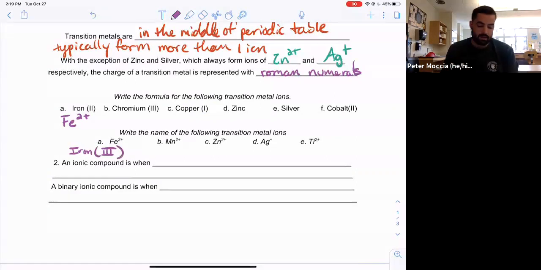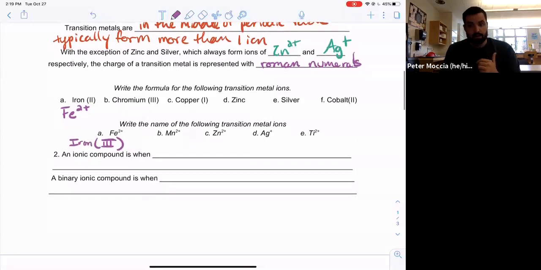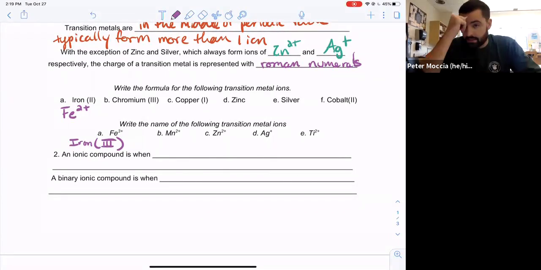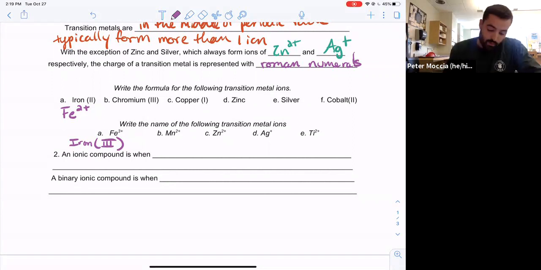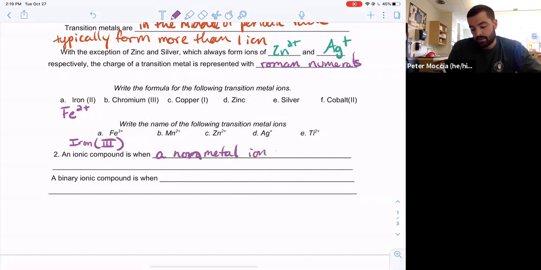An ionic compound is when a nonmetal ion and a metal ion form an attraction.